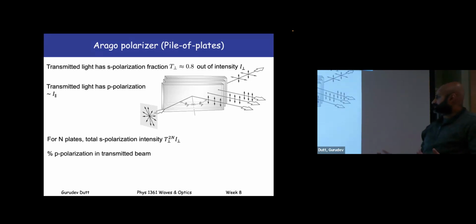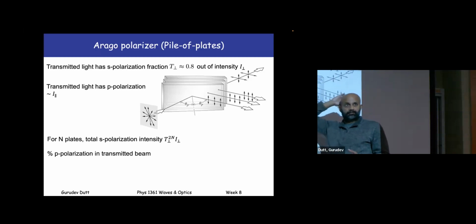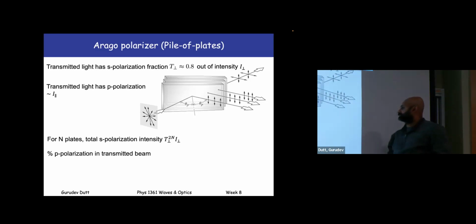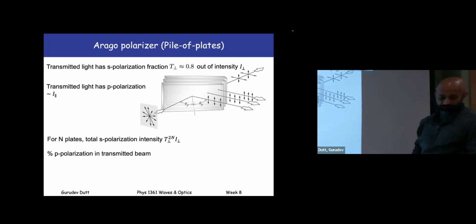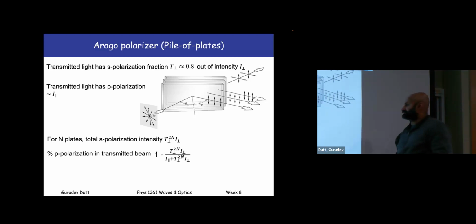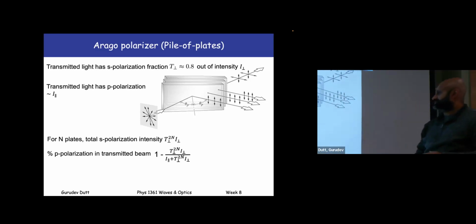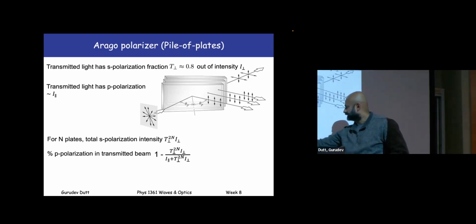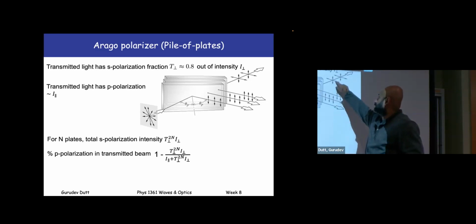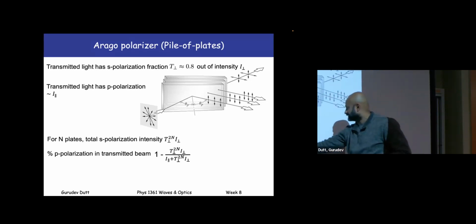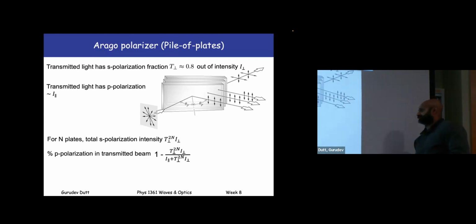So for n plates, as you can imagine, I just keep multiplying by T perpendicular intensity, and each time I'm going to get this T perpendicular to the power 2n times I perpendicular. Okay, and therefore I will get that the percentage of the polarization in the transmitted beam is 1 minus this fraction over here, which I'm calculating by taking the total S polarization intensity and then dividing by the I parallel, the little bit of the parallel light, plus the amount that's in the perpendicular polarization that is being transmitted as well.